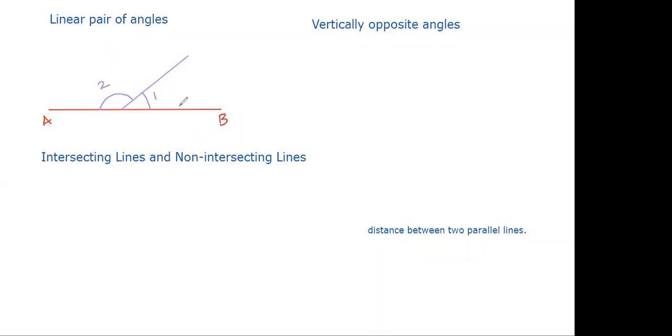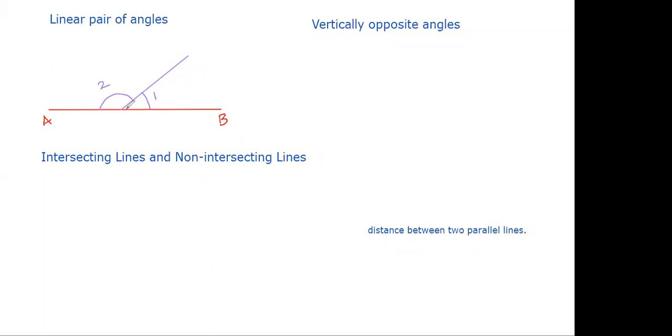These angles are known as linear pair of angles. Why it's known as linear? The reason is it's on a line segment, or simply you can say it's on a line. If the endpoints are not there, it becomes a line.